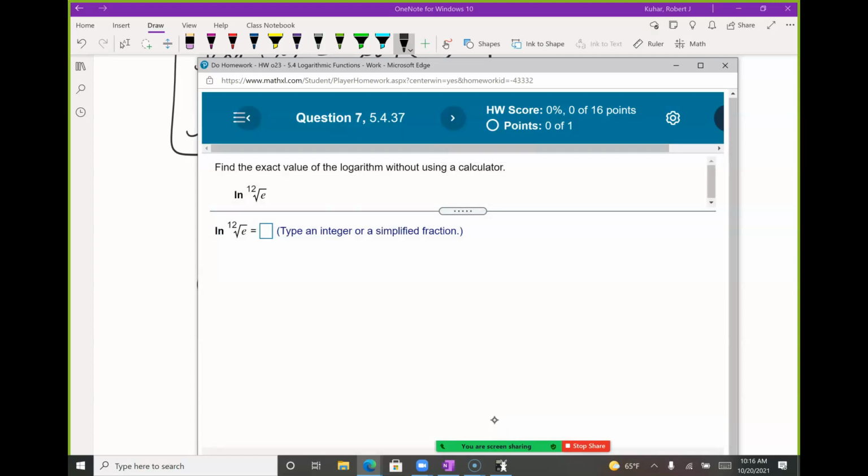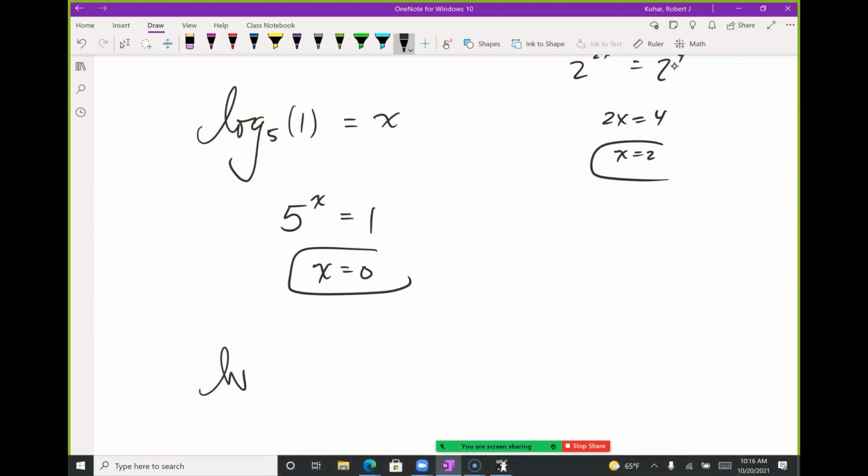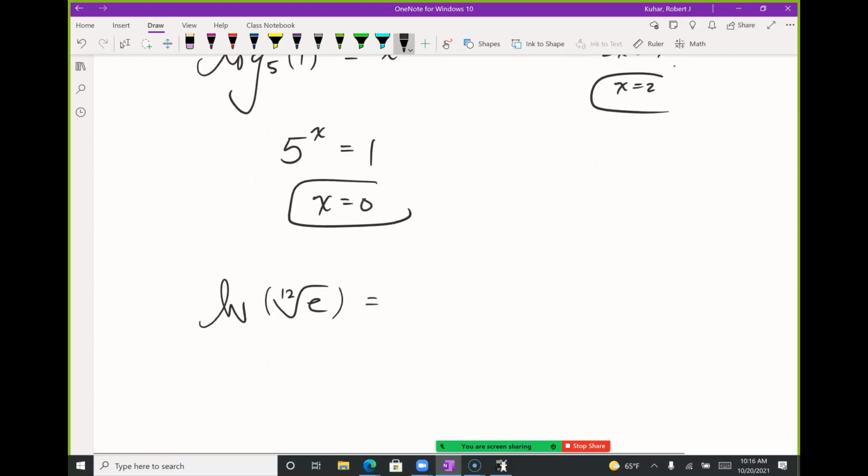Here we go. The natural log of the 12th root of e. The natural log, ln, of the 12th root of e. What do you want to call this answer? George, whatever, anything you want, let's call it x.